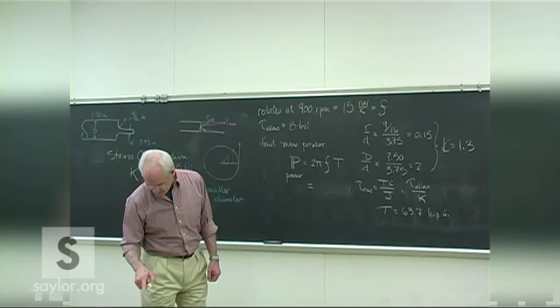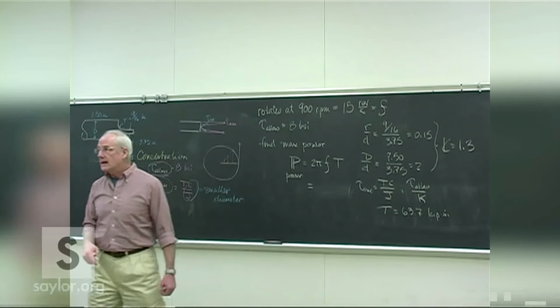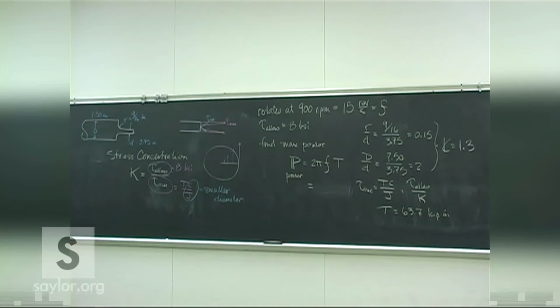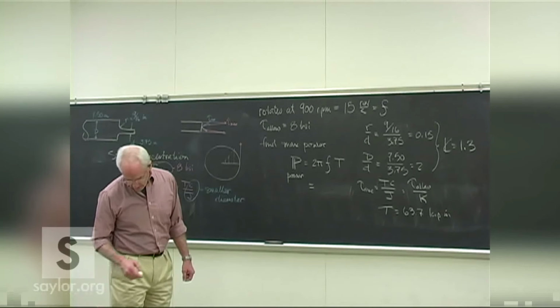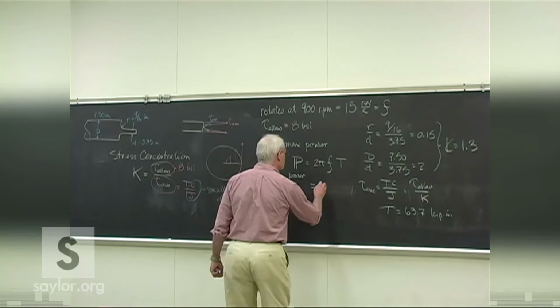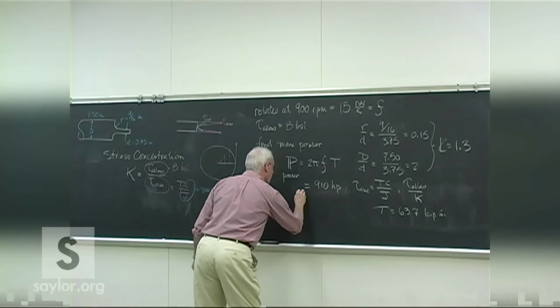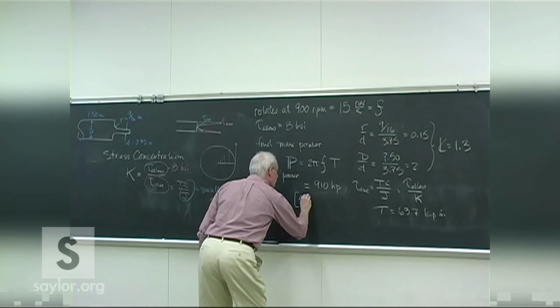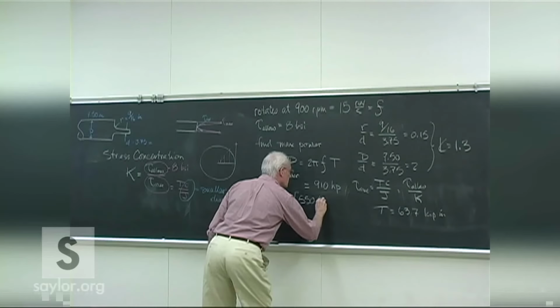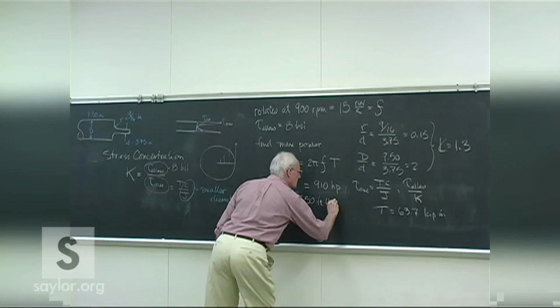You should get something like 900 horsepower. 911. 910 is what I had, so 911 is awful close. Remembering that there's 550 foot-pounds per horsepower.